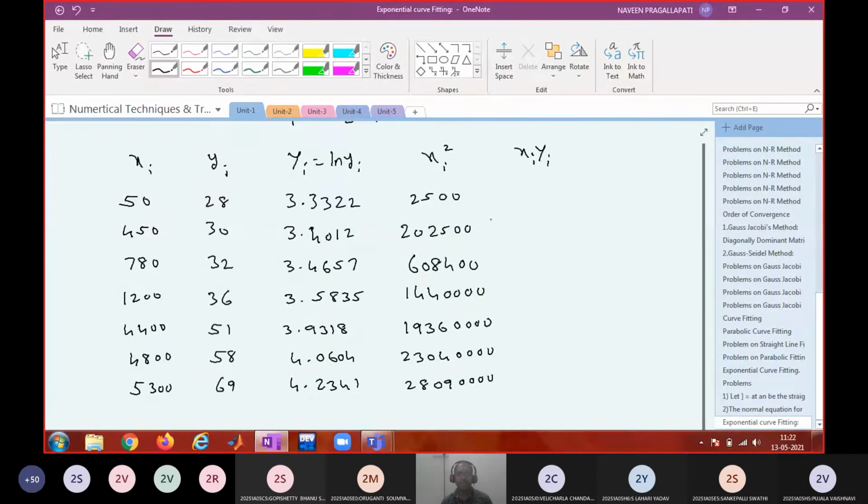Can you tell me these values? The last column. What is 50 into capital Yi? 166.61.